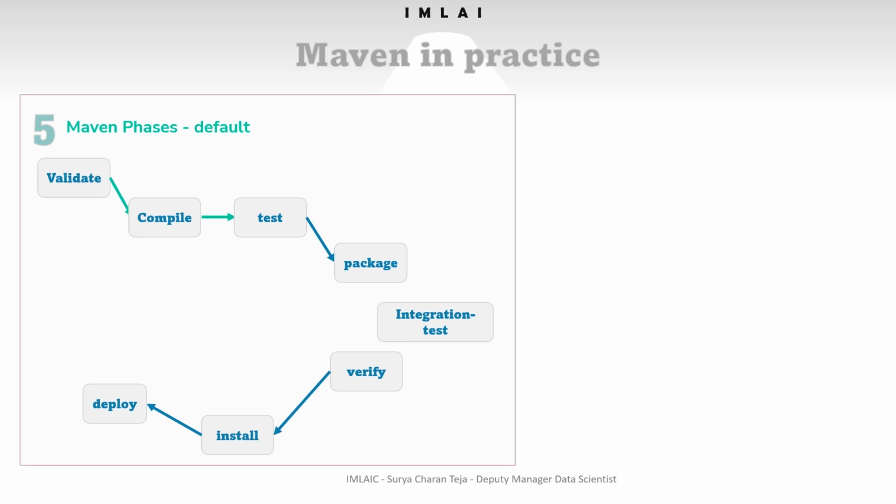So if you execute the compile phase, the first one is validate, then in between you will have generate-sources, process-sources, generate-resources, process-resources, and finally it will execute compile.